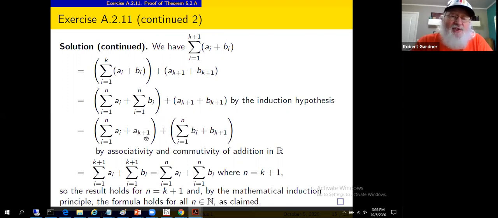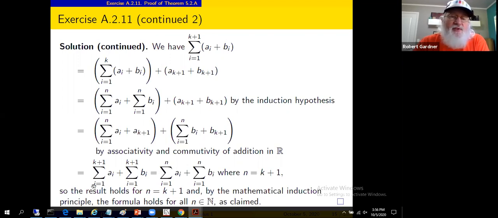Then we've added the next term, the k plus first term. We can take that, put it over here, take the b sub k, put it with the b's. I'm using associativity and commutativity of the real numbers. If you want to get into the weeds of the math details, maybe, maybe not. And then we've got a sum from 1 to k, and then we've got the k plus first term.